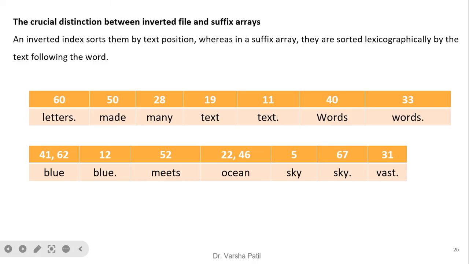So inverted sorts them by text position, whereas in suffix array they are sorted lexicographically by the text following the word. So here this is nothing but the text and text dot. Even though the words are the same, the 19 location comes first and then text dot, that is, it is taking the text first and then text dot, words first and then words dot.